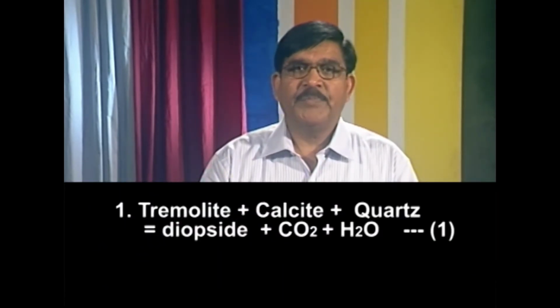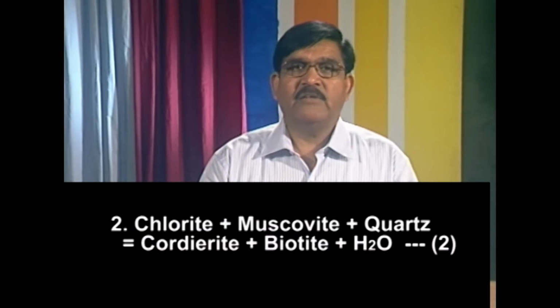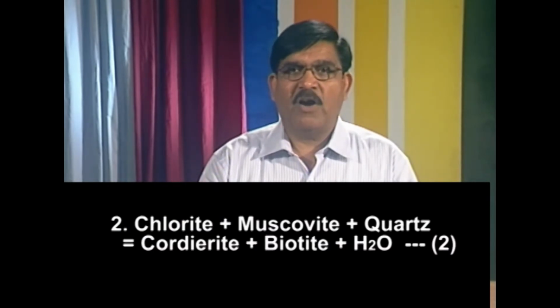First reaction is tremolite plus calcite plus quartz give rise to diopside plus CO2 plus water. Second reaction, chlorite plus muscovite plus quartz give rise to cordierite plus biotite plus water.